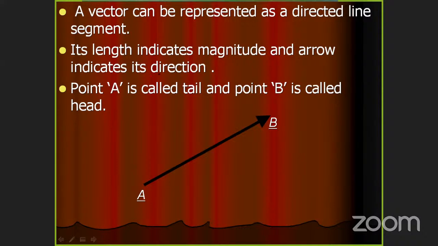The point A of the line segment is called the tail, and the arrow point B is called the head.